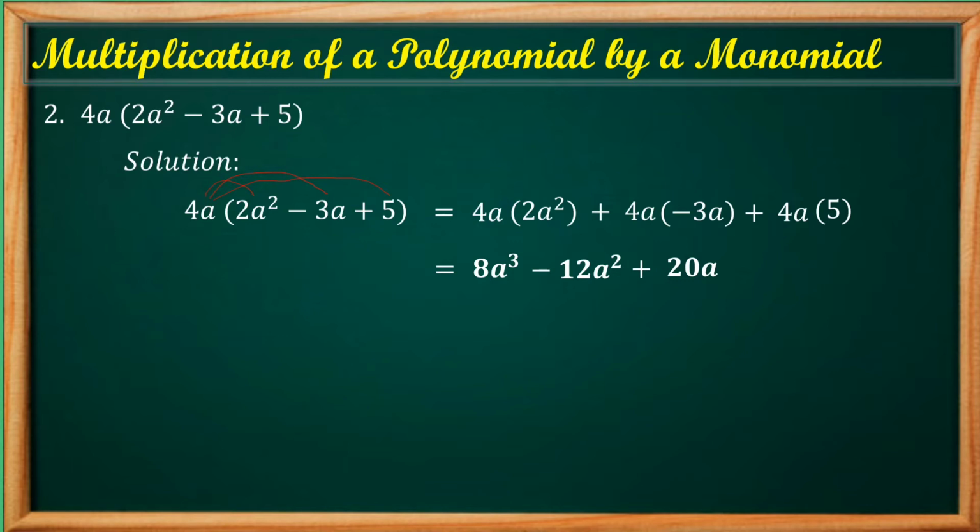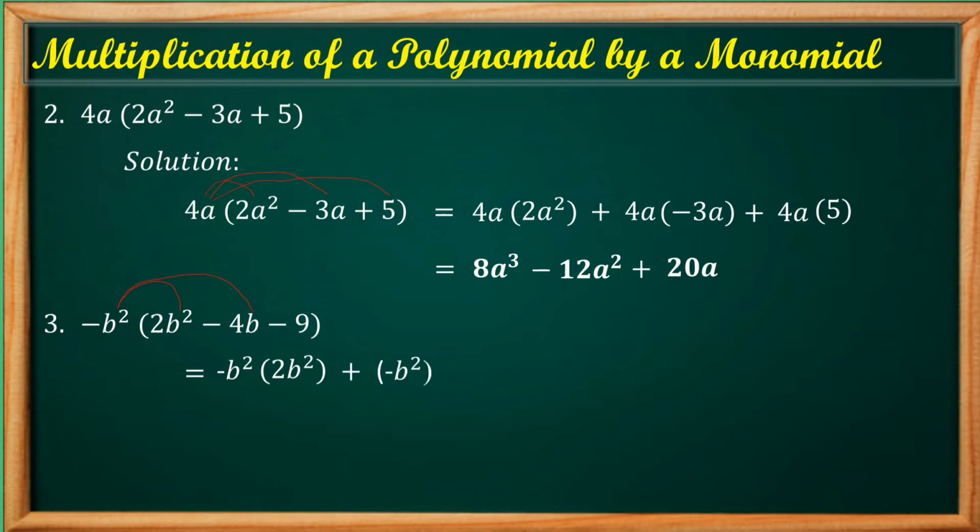Okay, right? It's easy when it's a polynomial by a monomial. Another example. This part, negative b squared times 2b squared minus 4b minus 9. Next, we distribute, like what we did earlier. We will distribute negative b squared to 2b squared, then multiply this one again.